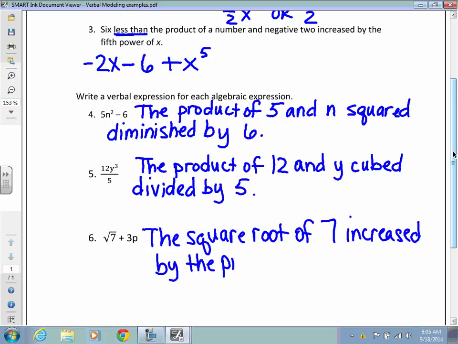The product of 3 and p. And again, this is one version to write this, but there are many other versions that would be just as correct. But again, it comes down to when you read your sentence back to yourself, does it translate to what you started with? And that's something we may have to work on a little bit in class. Right? So hopefully you find this something that you can understand and that is not too difficult for you for right now.